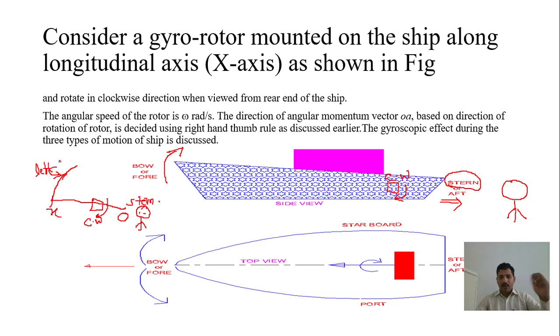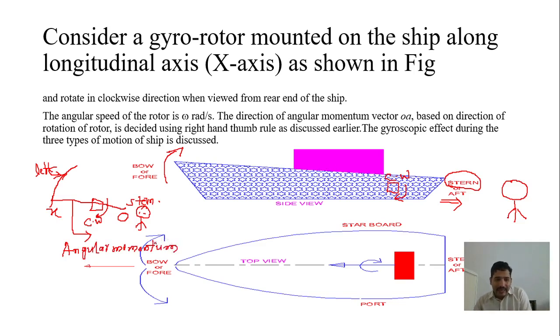This is the left turn you are taking. Then OX indicates the initial angular momentum before taking the left turn.